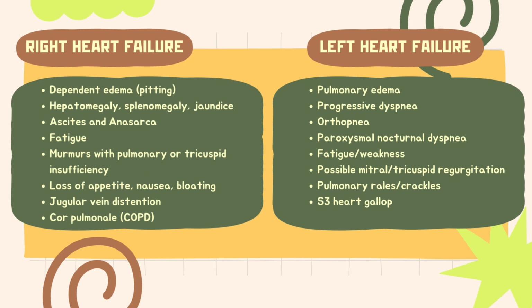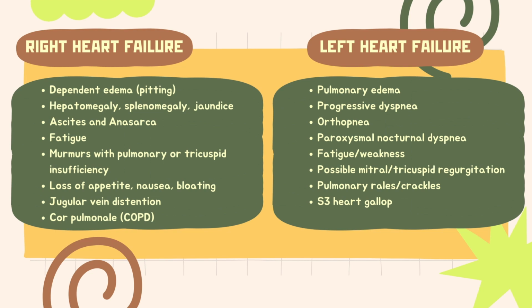Now comparing right heart failure to left heart failure. Right heart failure does have dependent edema or pitting edema. It will be bilateral, and you want to be sure to document the amount of pitting as well as the area of edema. But left heart failure will have pulmonary edema, so within the lungs. Right heart failure will have hepatosplenomegaly, so basically an enlarged liver, a large spleen, and jaundice. They will have swelling, ascites, and anasarca.